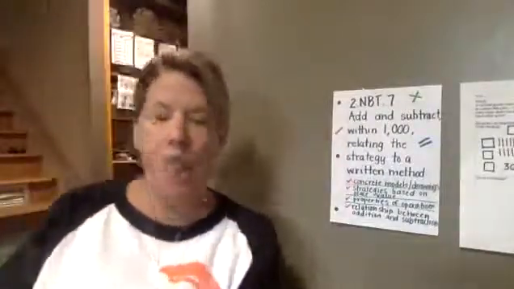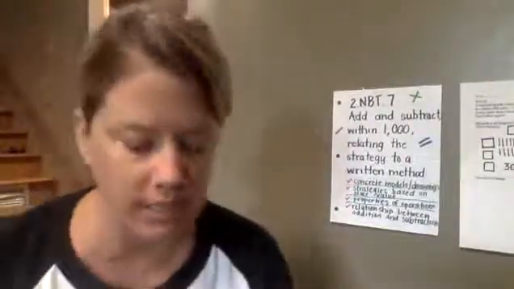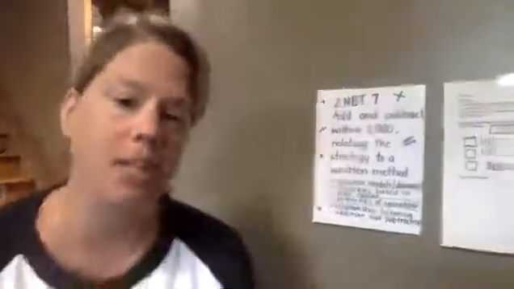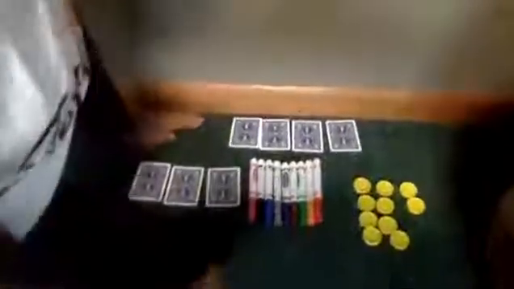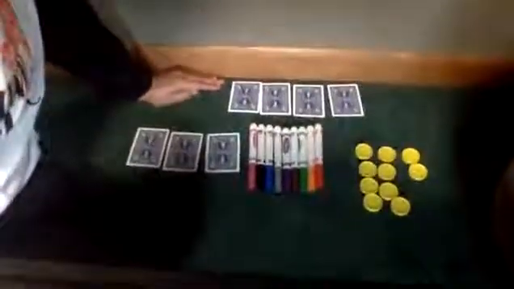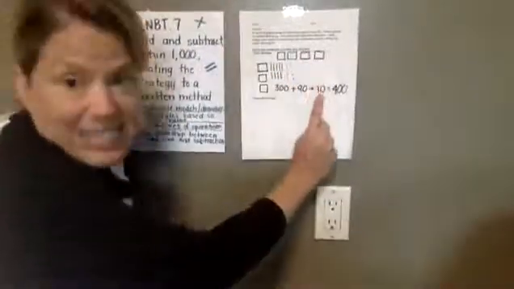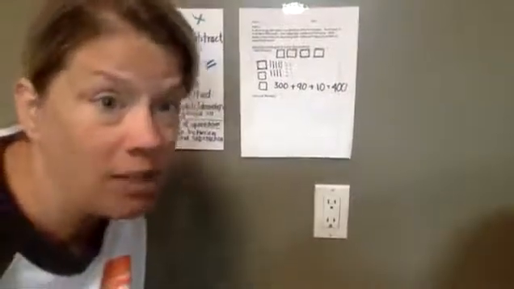So lastly, I want us to check our answer to see if we're correct. So watch this. I'm going to use it again with the concrete materials here, okay? So I'm going to look at my ones. We counted up here on our paper that we had how many ones? 10 ones. So if we have 10 ones, what do we do?